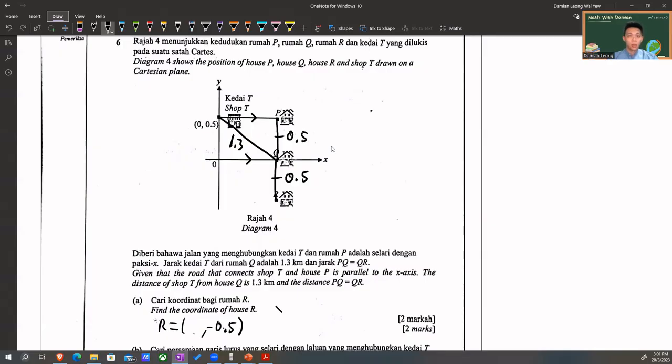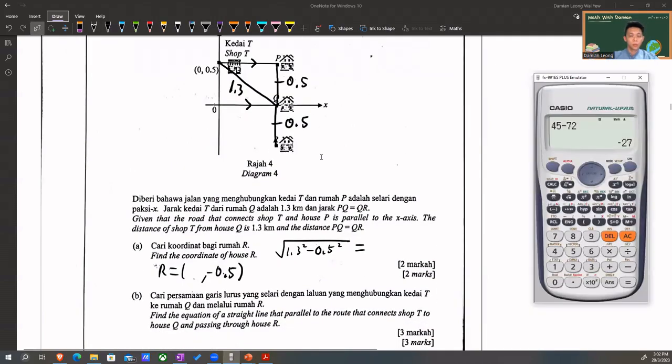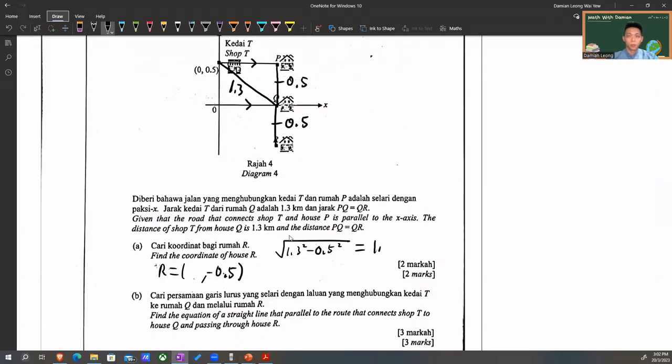So I take square root of 1.3 squared minus 0.5 squared, which will be, square root, which is 1.2 actually. 1.2.